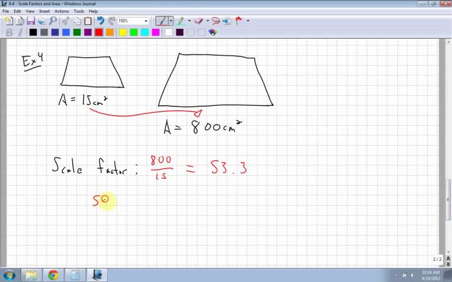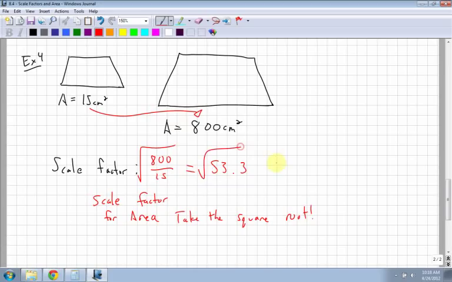So for scale factor, if you're given area, you need to take the square root. My scale factor ends up being the square root of whatever my areas are divided by each other, which ends up being about 7.3.